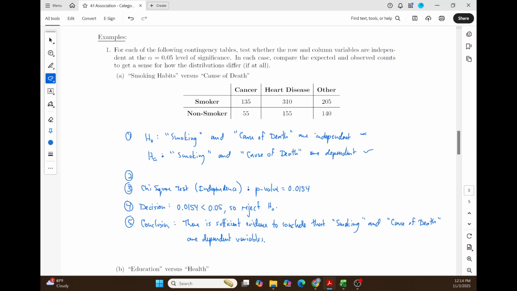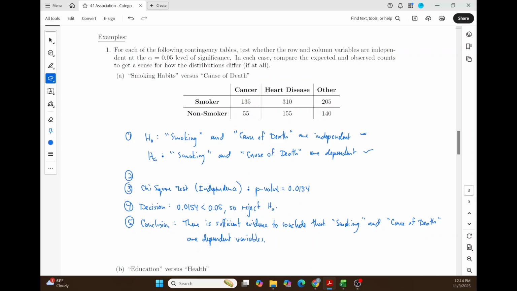The reason that doesn't make sense here is because it's not like you know how you're going to die, and then based on that information you decide whether or not you're going to smoke, right? That's not the way that it works. It's the other way around, right? The way that you die depends on whether or not you smoked. But again, in a lot of situations, right, the logic could flow the other direction, and the test actually doesn't tell us which direction it should flow.